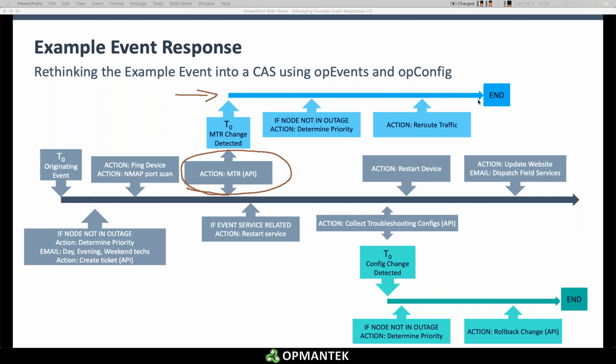Each of the events happening along this could be happening as parts of policy actions. They could be running as escalations on a timer. So for example, you might say, we're going to determine the priority immediately. Then we're going to wait 5 minutes, and maybe collect another MTR. And if it hasn't changed, we're going to run an action that reroutes traffic.